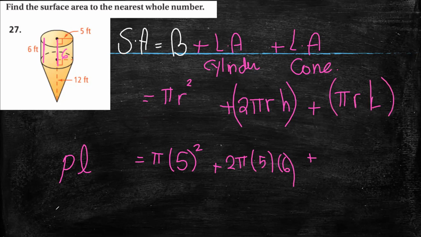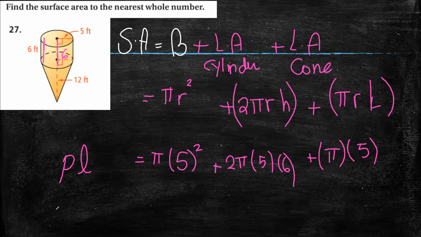Look here, for the cylinder it is 2 pi r h. Here it is pi times r times the slant height. Where is r? It is 5. And look at l now. Where is the slant height?